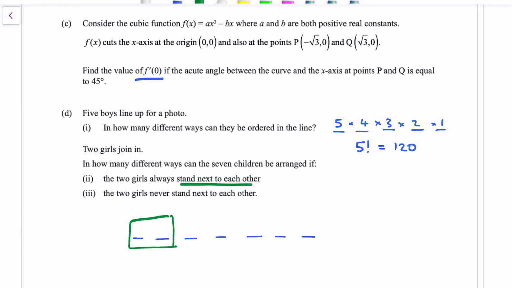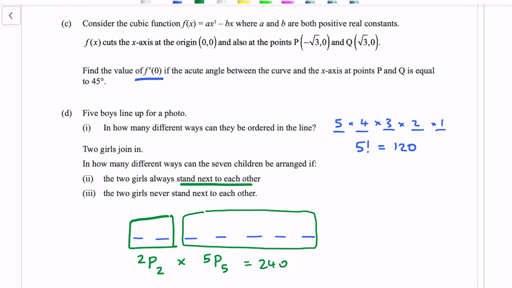And the order does matter because girl 1 then girl 2 is going to be different to girl 2 then girl 1. It will make the photo look different. So 2P2, and then the boys that are left, there's 5 boys in 5 slots, so 5P5. If you multiply those two things together, 2P2 times 5P5 gives you 240.